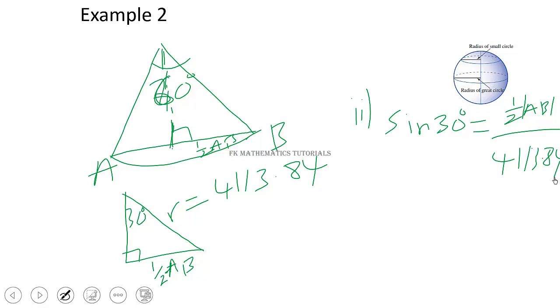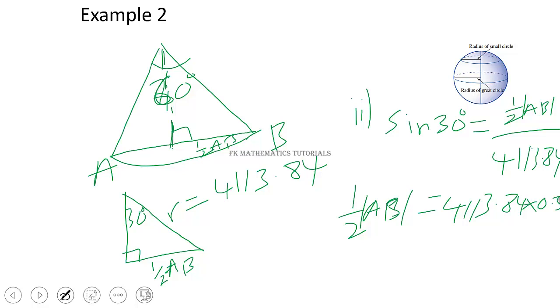So it means half of AB will be equal to 4113.84 sine 30. Sine 30 is half, so times 0.5.